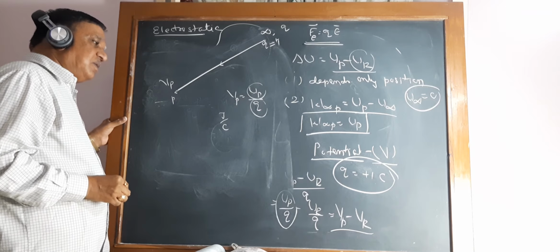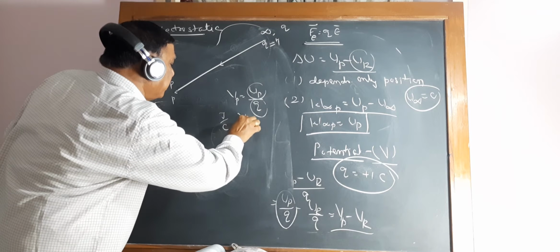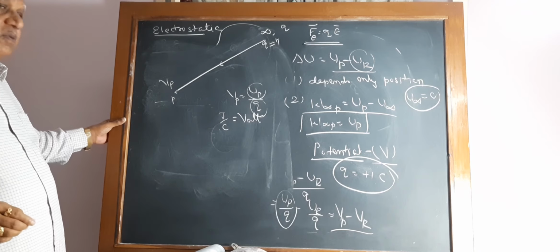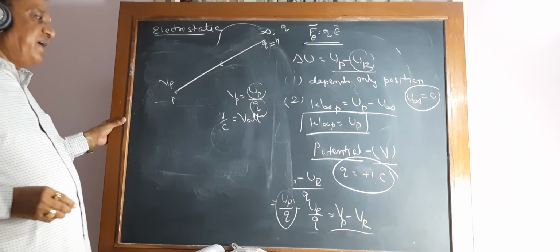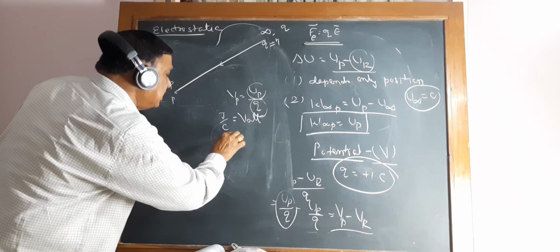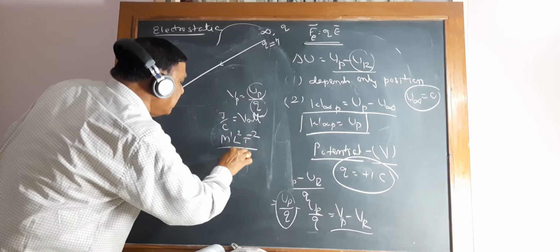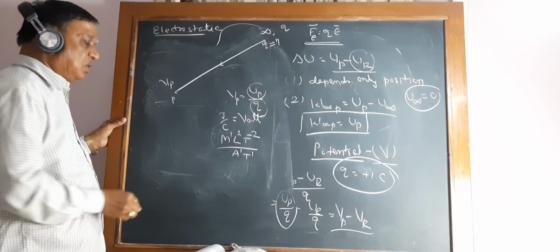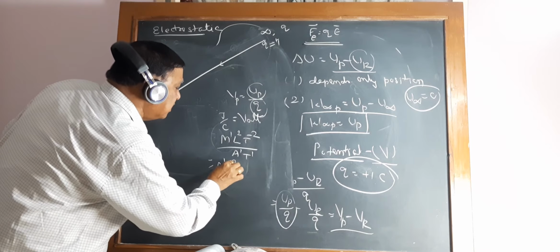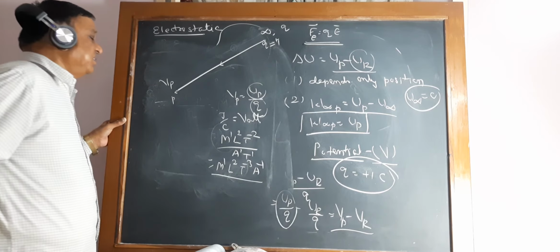Also in the honor of scientist Volta, it is defined as volt. Means joule per coulomb is volt. And dimensional formula of joule is M1 L2 T minus 2, upon A1 T1. So answer is M1 L2 T minus 3 A minus 1.